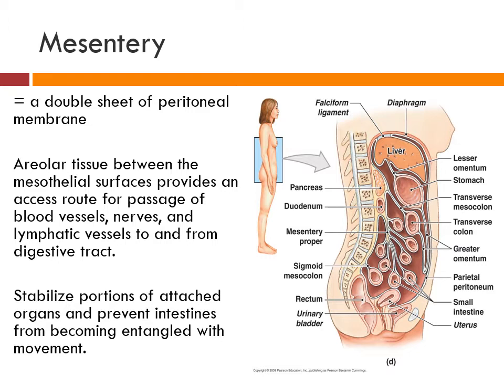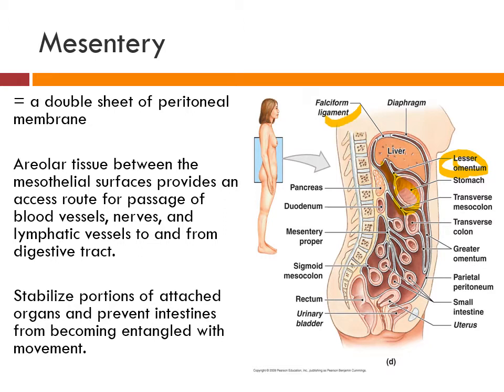During fetal development, we have a ventral mesentery and a dorsal mesentery. The ventral mesentery mostly disappears, but it stays there in two parts. The first part is the lesser omentum up here, and the lesser omentum stabilizes the position of the stomach. So you see right here, the lesser omentum is stabilizing that stomach.